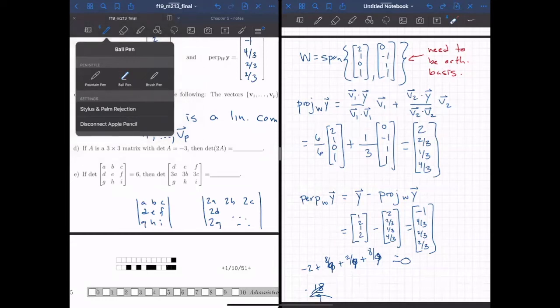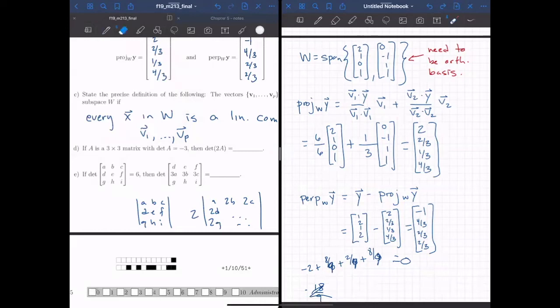So I could pull the 2 out of the first row, which gives a factor of 2 in front. I could pull the 2 out of the second row, another factor of 2. And then the third row, another factor of 2. So overall, because it's a 3x3 matrix, I get 2 to the power of 3 on the outside, which is just 8. And so if the determinant was -3 to begin with, I get -3 times 8, which is -24.